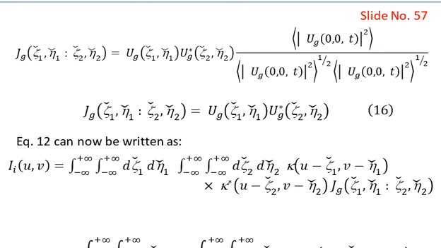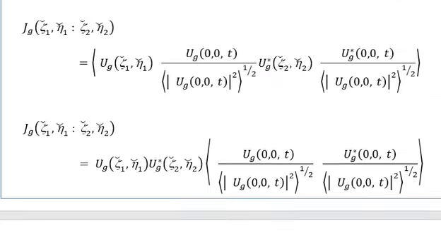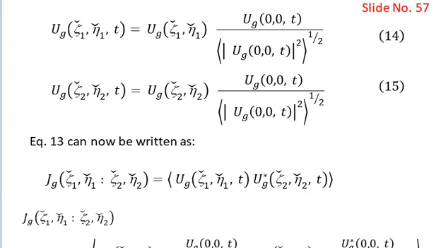And you know that here in the polychromatic source, this Jg, which is a function of zeta 1 and eta 1 and zeta 2 and eta 2, implicitly also depends upon time, as we have described in the equation over here. So this was equation number 13, in which it was time dependent, and time is explicitly available. But on the left hand side we have no time dependence, because it implies that the right hand side quantities have time dependence.